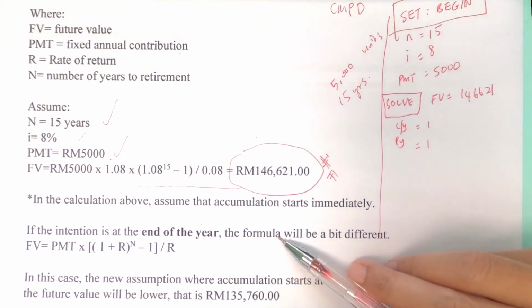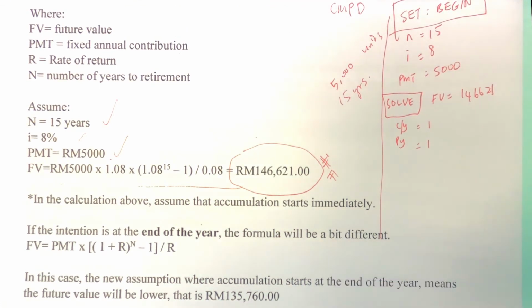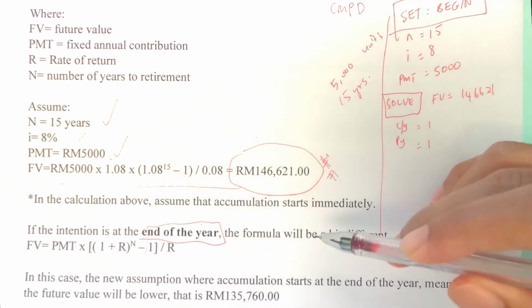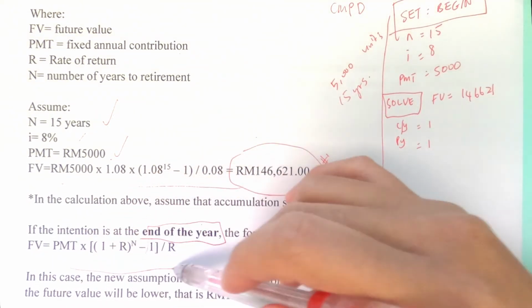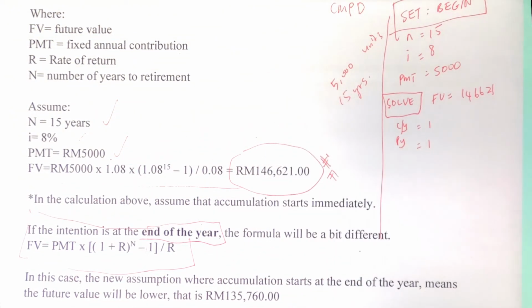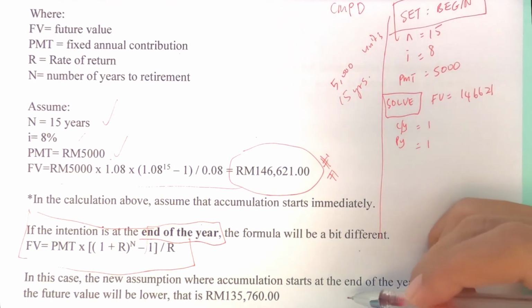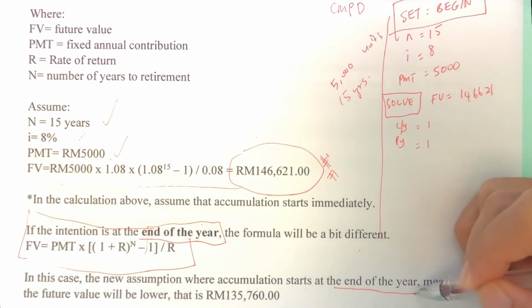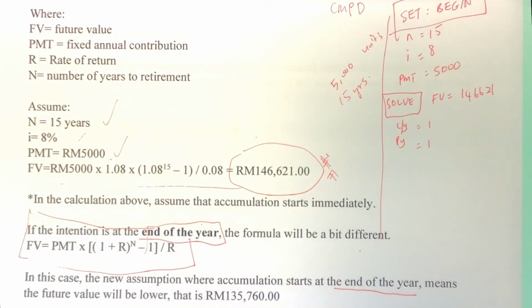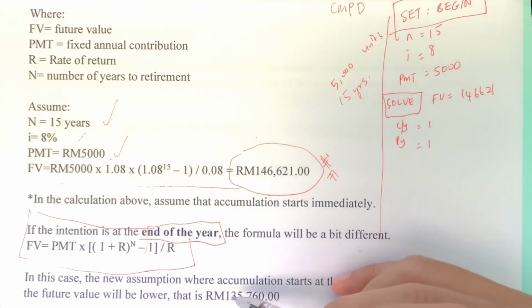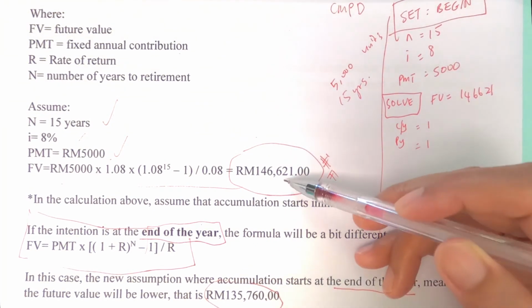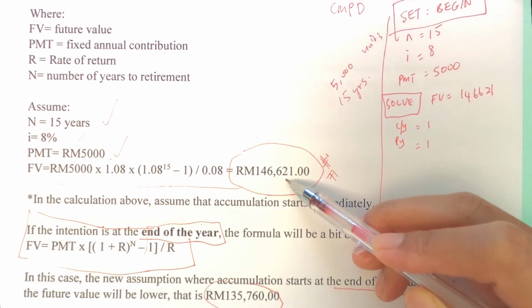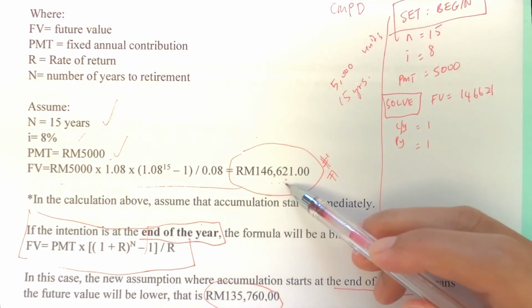Nevertheless, if Mr. Rahmat invests in the unit trust at the end of the year, then the formula will be a bit different. So here is the formula. By assuming that the accumulation starts at the end of the year, the value will be lower, that is 135,760, which is lower than the first one that we assumed, immediately or at the beginning of the year, that is 146,621.